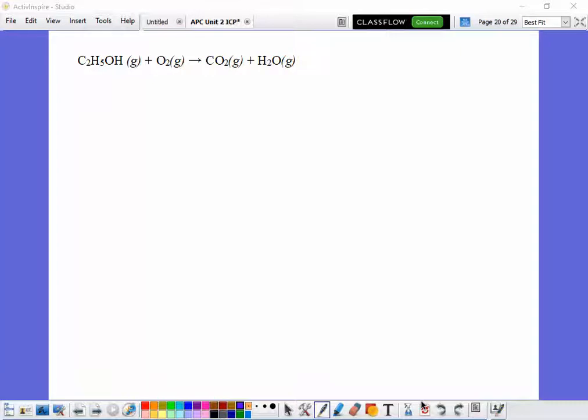Okay, so on page 7 of your in-class problems, we have the second problem where we're identifying the oxidation numbers of all of the elements in this reaction. Just a reminder, oxidation is what? When we're losing electrons.